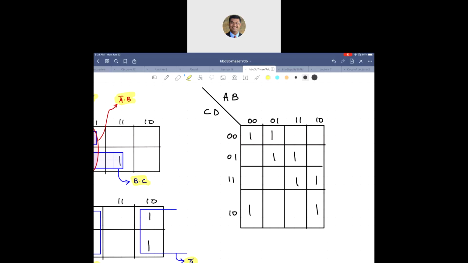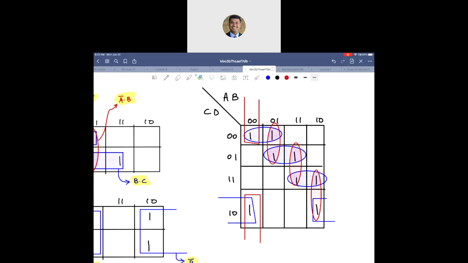So one strategy could be to combine them as horizontals. So you could do 1, 2, 3, and 4. So 4 horizontal prime implicants. But also 1, 2, 3, 4 vertical prime implicants.